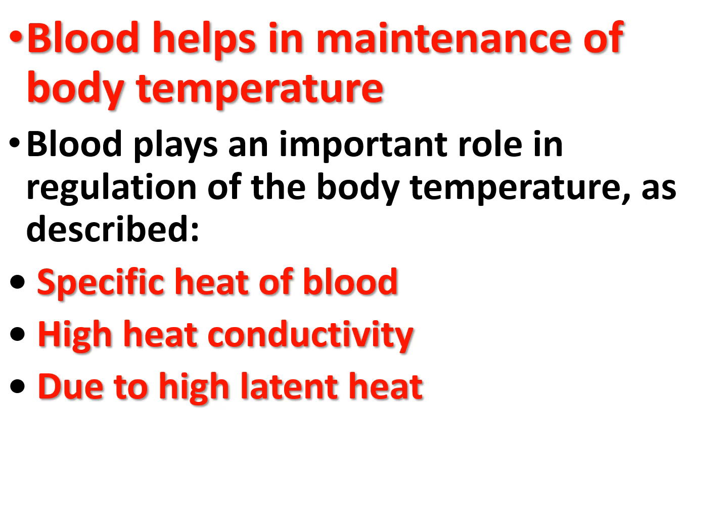Then, the high heat conductivity of the blood makes possible the distribution of heat from the deep organs to the skin and lungs for dissipation. Third, due to the high latent heat of evaporation of the blood, a large amount of heat is lost from the body by evaporation of water from the lungs and skin. So by these three ways the blood helps in maintenance of body temperature.